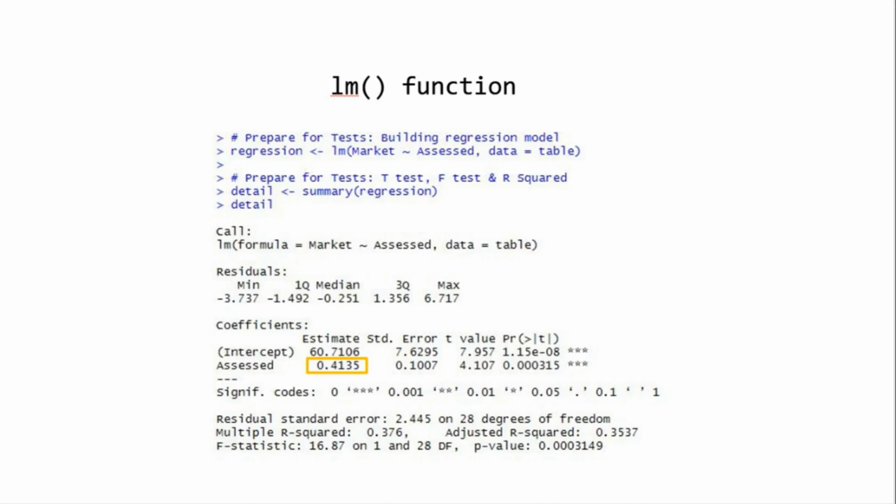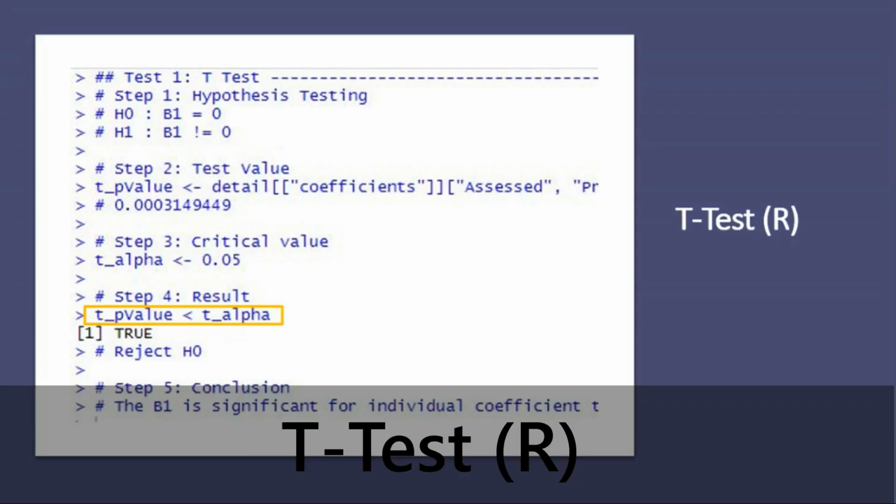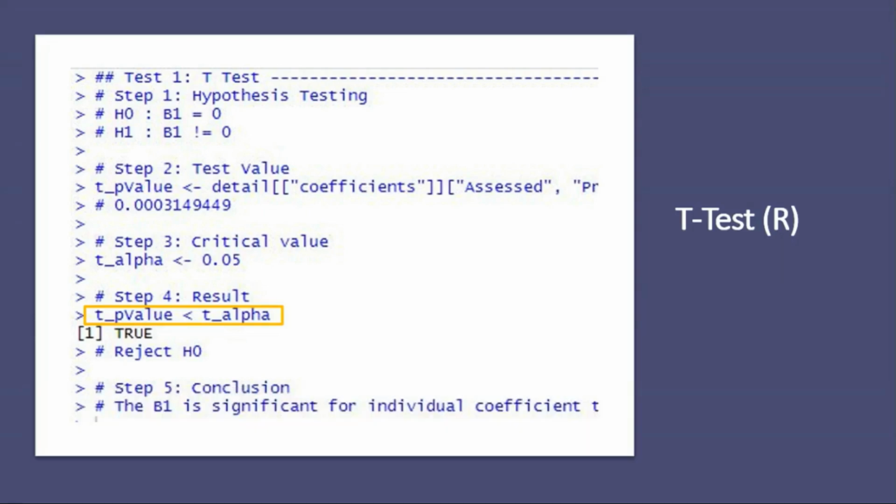In our case, it is market depends on assessed. After we look into the summary of the regression model, an output similar to Excel will be produced. The coefficient of the independent variable assessed from the output is 0.4153, which is used in the test shown.